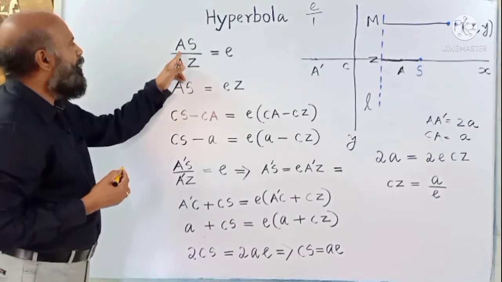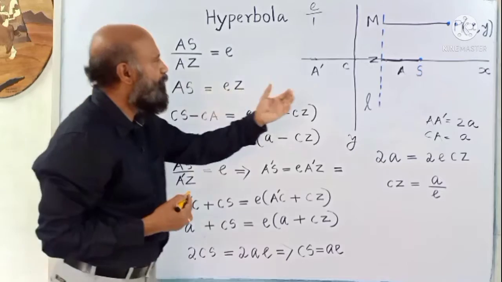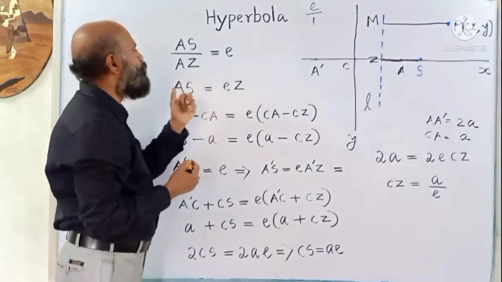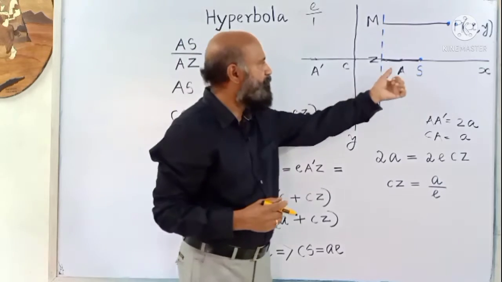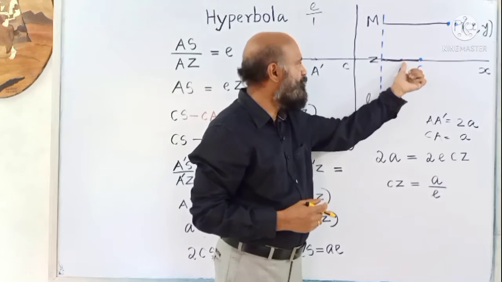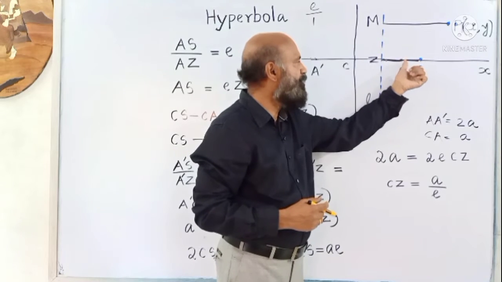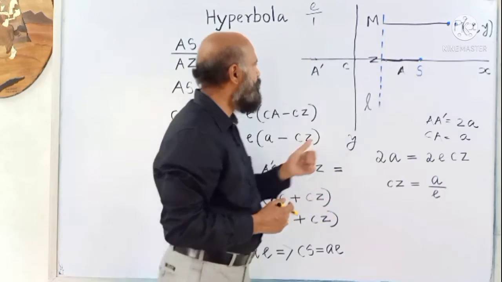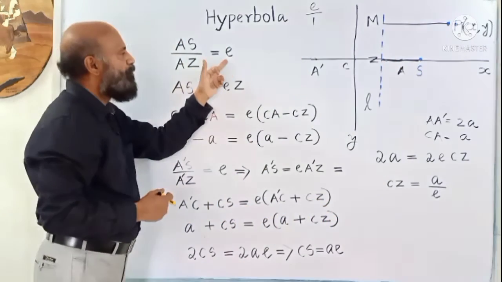Now AS by AZ is e by 1 because we divided like that. A is dividing SZ internally in the ratio e is to 1. So AS divided by AZ is e by 1.